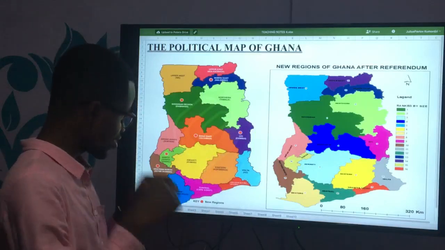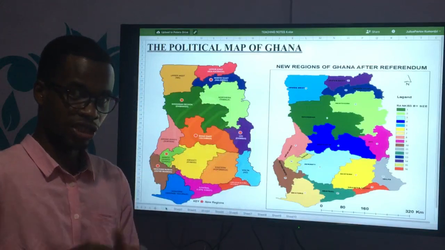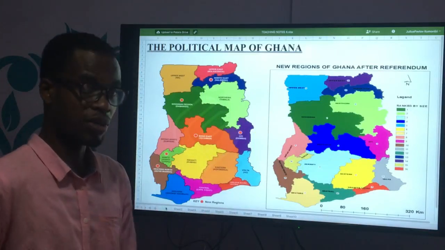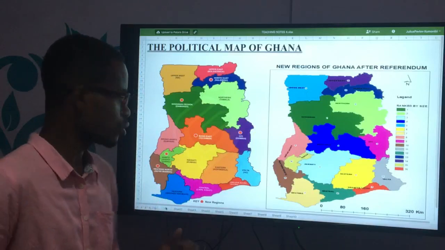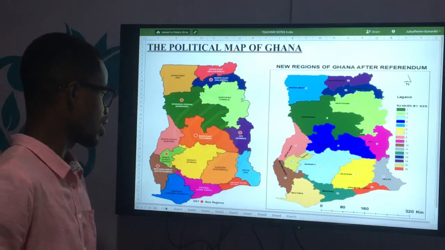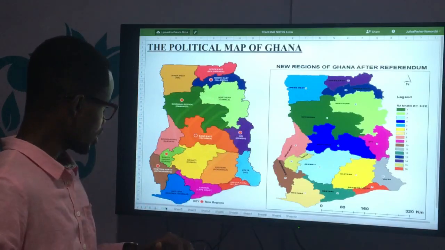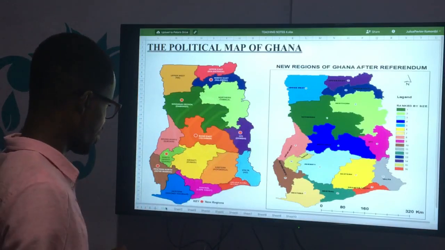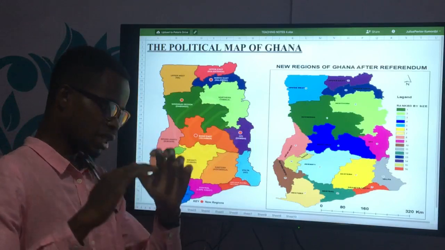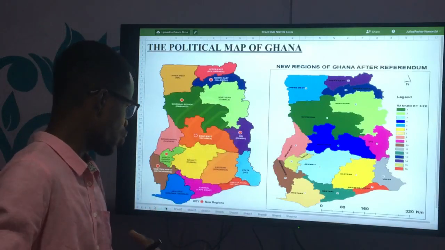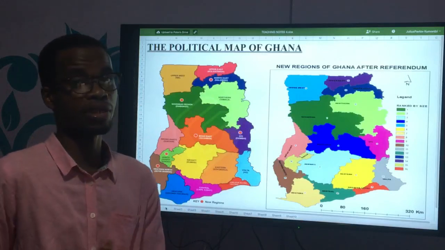All right. The center, we have the Great Ashanti region with Kumasi, Greater Kumasi as its capital. So you still have it there. It has not been subdivided anyway. Coming to the western part, they divided it into two and created Western North out of the former Western region.